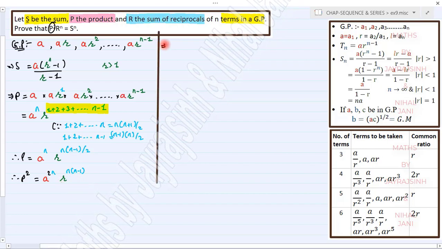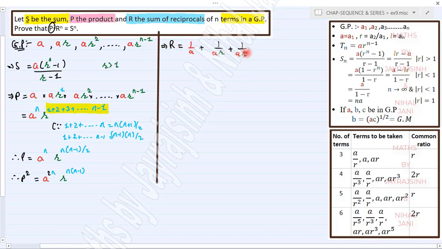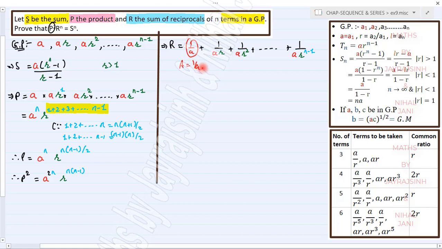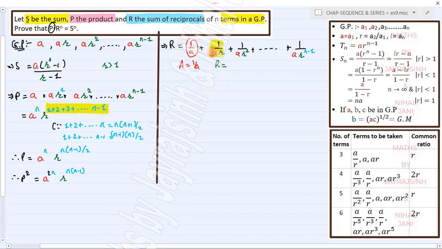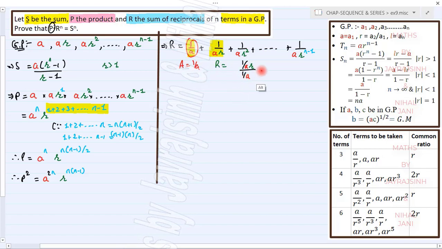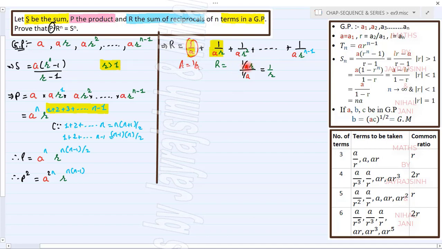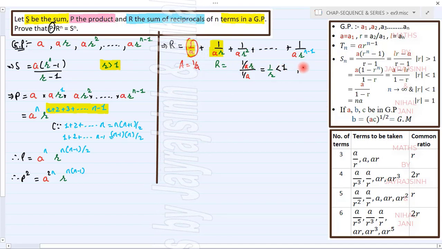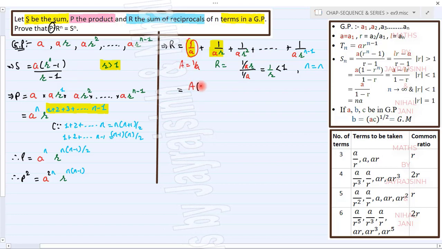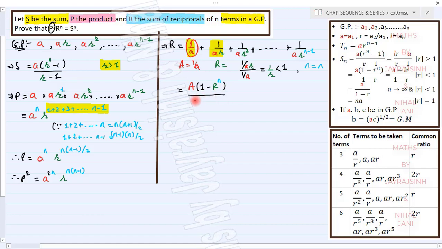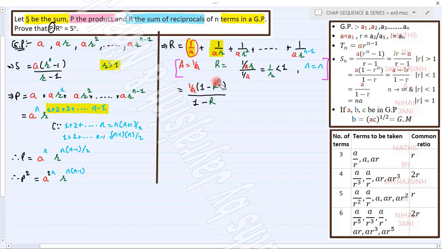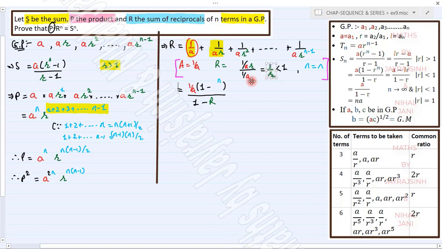Now the third term, which is denoted as R, is the sum of reciprocals of our terms, which is actually the sum of a GP having first term 1 by a, then the common ratio between the second term, which is 1 upon ar, and the first term, which is 1 upon a, will be 1 upon r, and we already assumed that r is greater than 1, so we can say our ratio will be less than 1, and the number of terms is n. So the summation by this formula is given by a into 1 minus r raised to n upon 1 minus r, where the first term is 1 by a and the common ratio of this series is 1 by r.